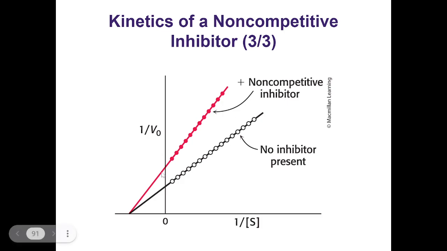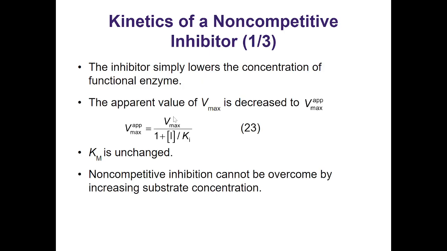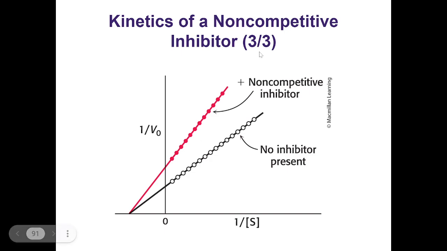Now, again, remember, this is 1 over the Vmax here. And so we're going to get higher up on this y-axis, okay? And if we remember our equation, the Vmax here was the bottom.